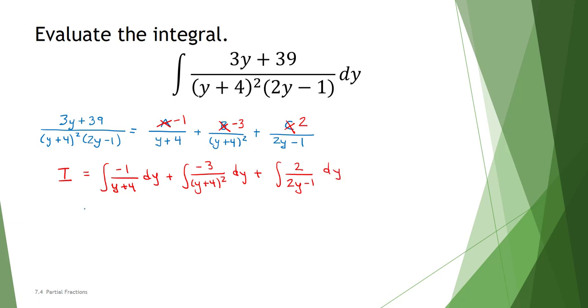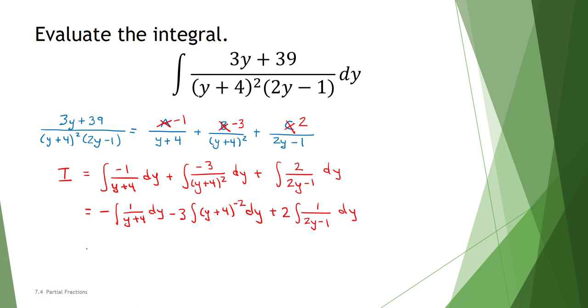In each of these integrals, we can, of course, pull the constant out front. So we have -1 times the integral of 1 over y + 4 dy, minus 3 times the integral of (y + 4) to the -2 dy, plus 2 times the integral of 1 over 2y - 1 dy.